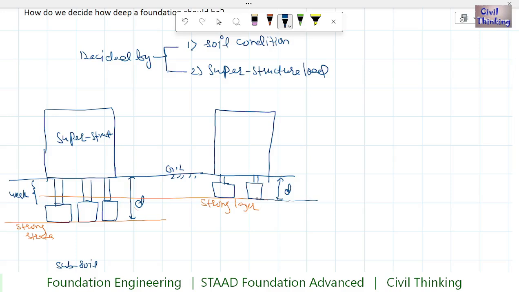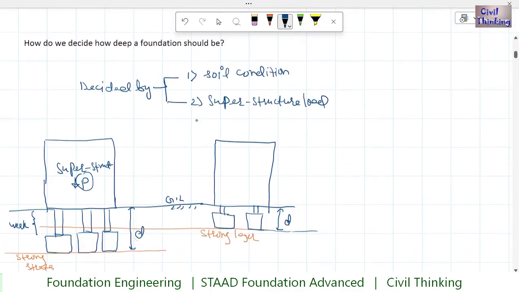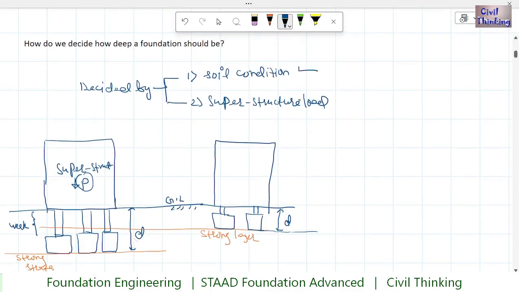Also the superstructure load, this is the superstructure load P. If the load is more, we need more depth, because the more the superstructure load, the more load will be carried by the soil, and we need more and more depth. So the depth of foundation is decided by soil condition and the superstructure load.